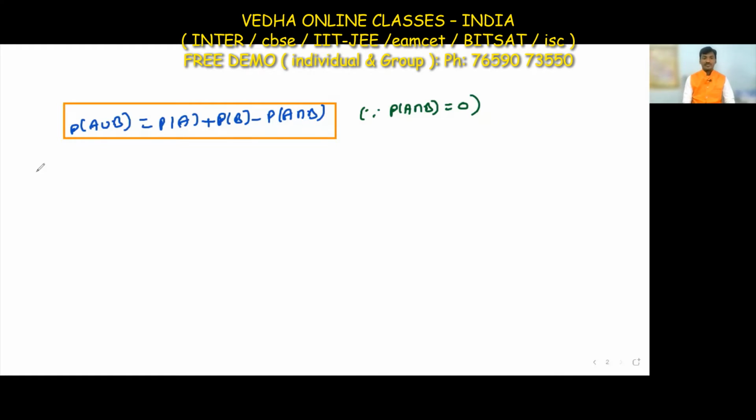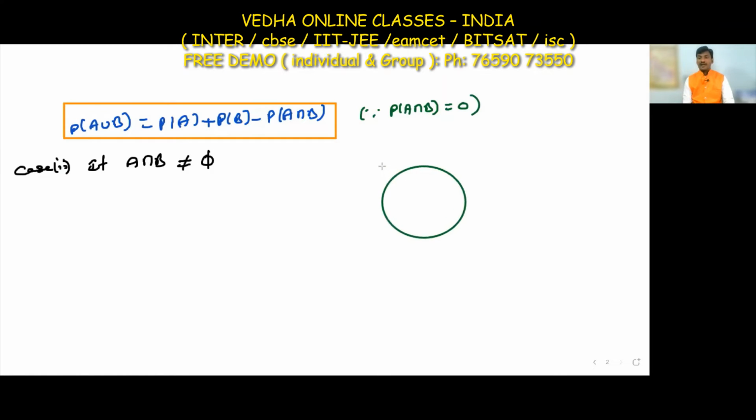Then what is case 2? If A intersection B is not equal to phi, that is case 2. Then the sets are like this. A and B are different.